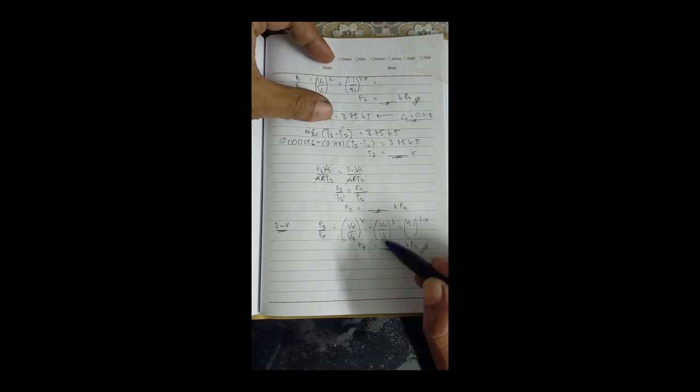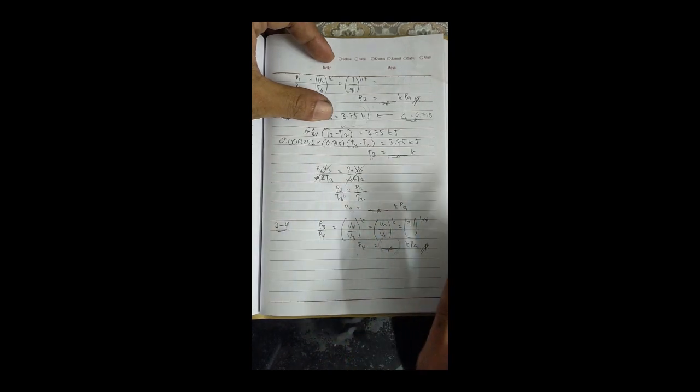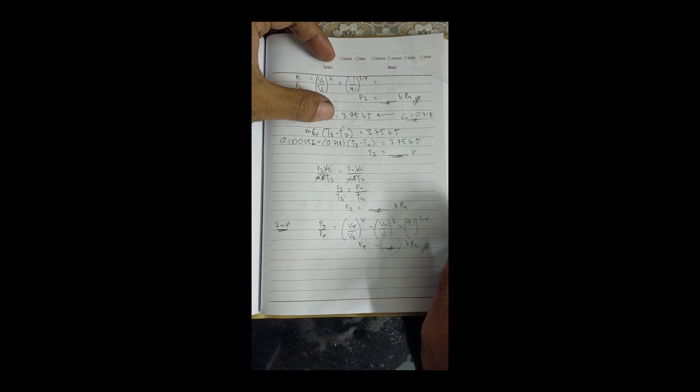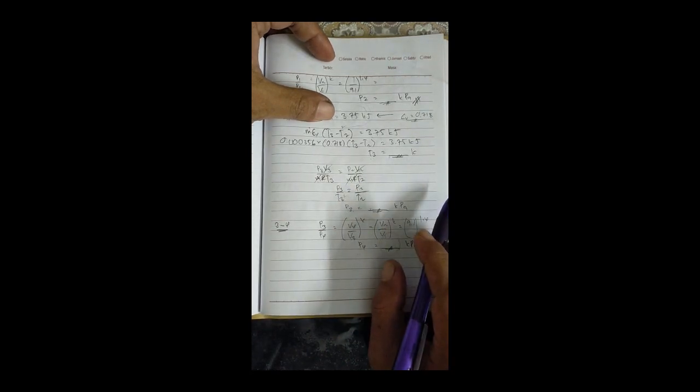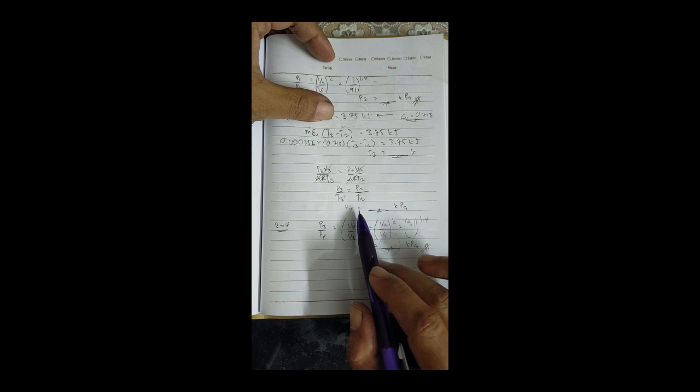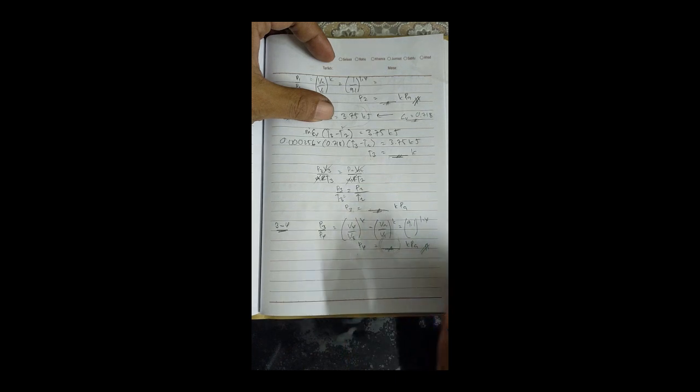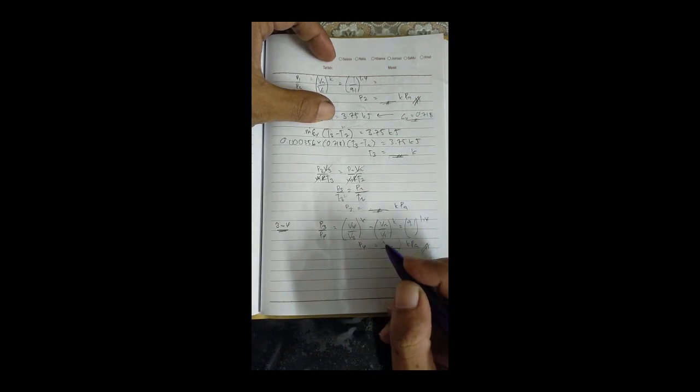So you can recheck that this value is near to P2. It's not exact, but near to the pressure at point 2. Now what do we need again? T4. T3 we got, P3 and P4, okay, T4.